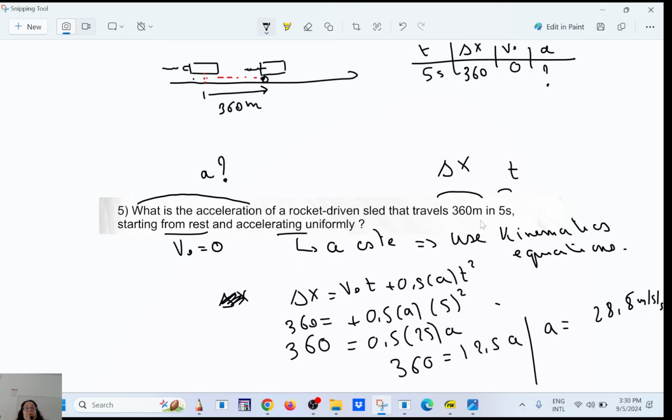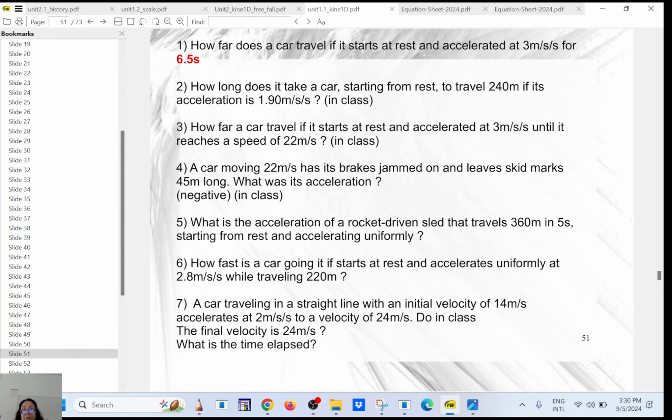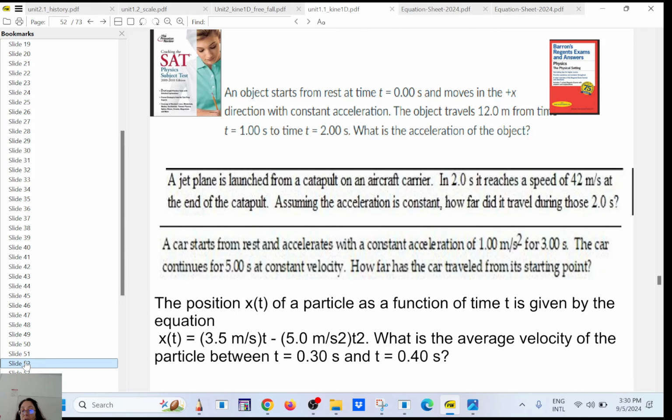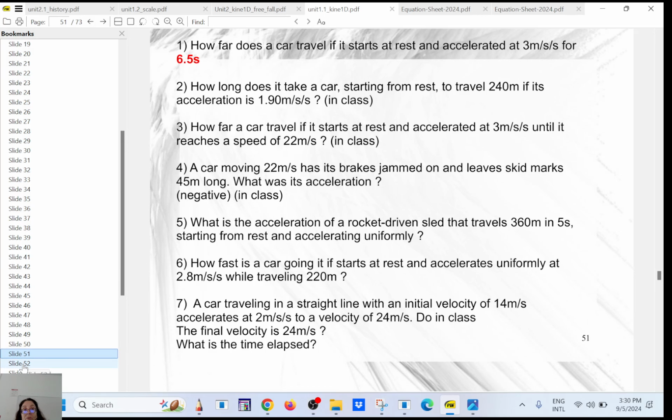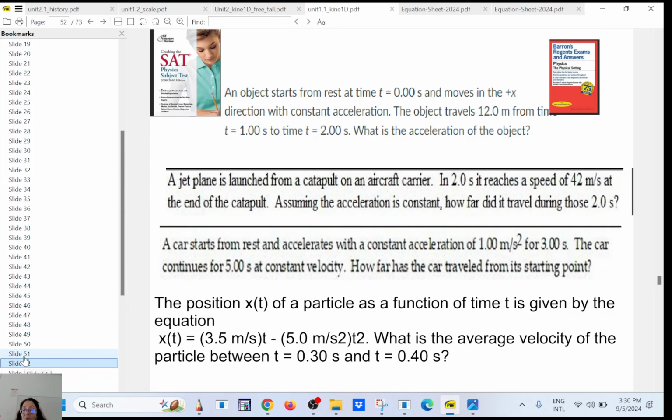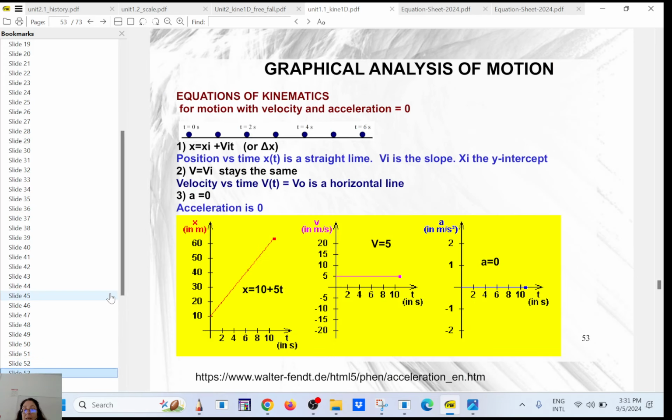And if you want to be annoying with significant figures, you want only one. So in that case, that will be 30 meters per second squared. Okay? And so you see, you can practice. For next, this is a little bit more challenging. If you want to be ahead, you can try 51, 52, and then we go again to graphical analysis.